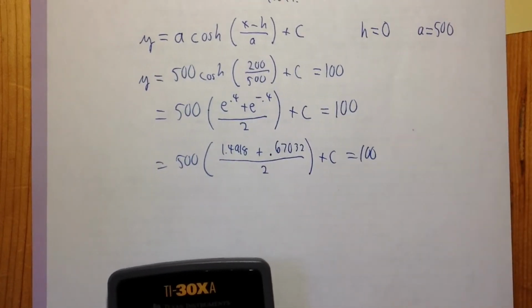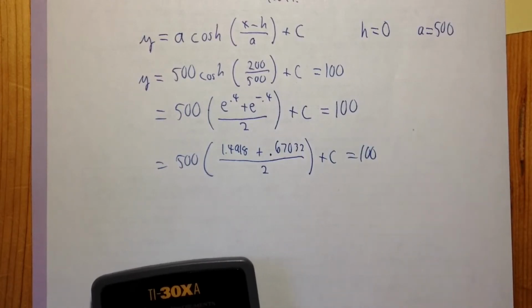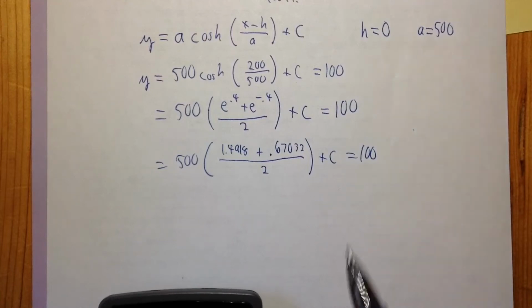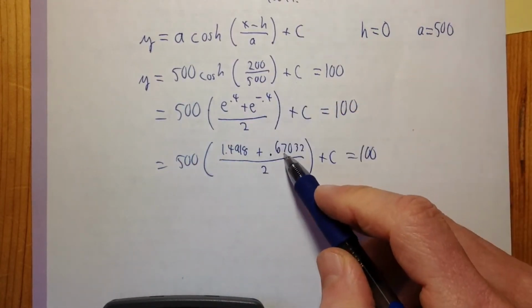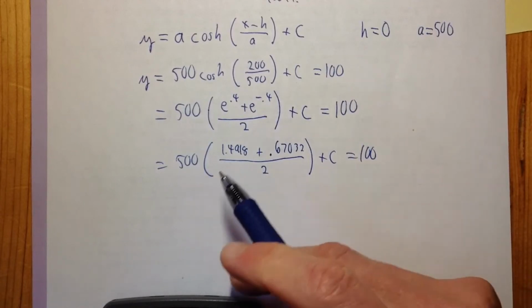Okay, so now let's do all this math. So that plus 1.4918 equals that, divided by 2 equals that, times 500 equals 540. Because this is bigger than 2, it's going to make this a little bit bigger.